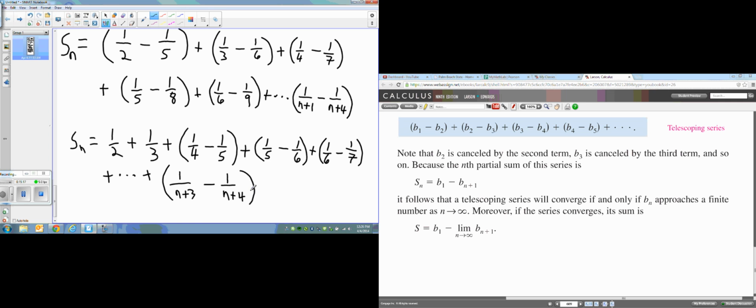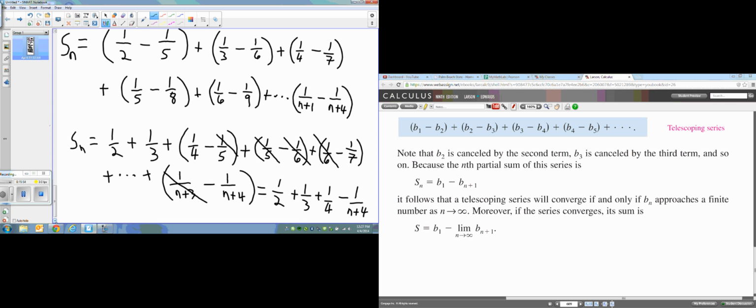Now I know everything is going to cancel beyond this, except the 1/4, the 1/3, and the 1/2. Each term cancels the one behind it. So I'm going to be left with this sum: 1/2 plus 1/3 plus 1/4 minus 1 over n plus 4. Everything else is going to cancel.